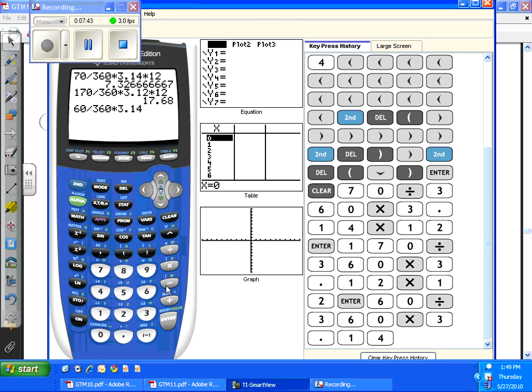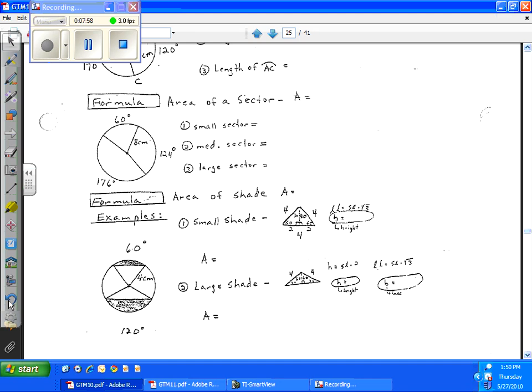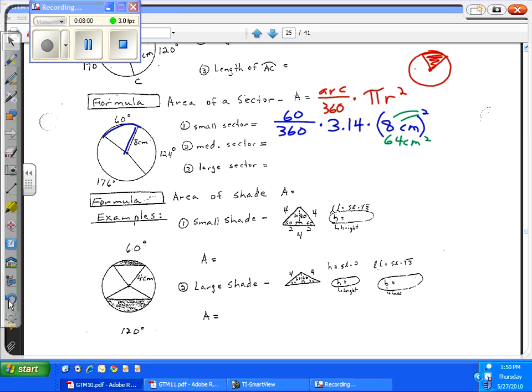Times pi times the radius, which was 8 squared. So arc over 360 times pi times radius squared, 33.49 rounded. Okay.